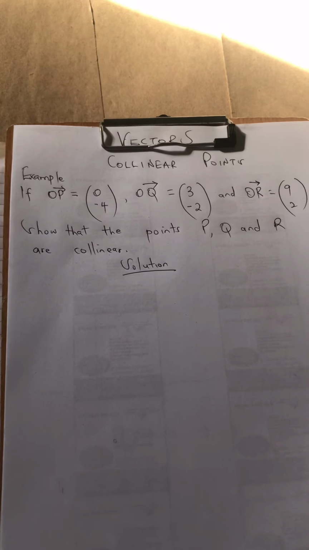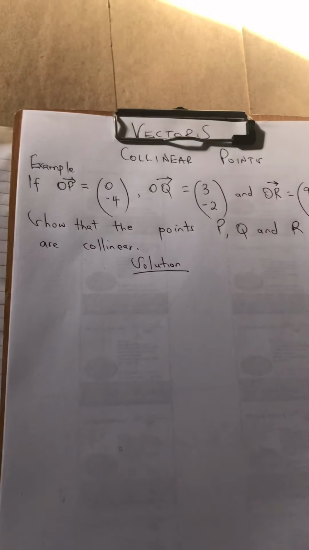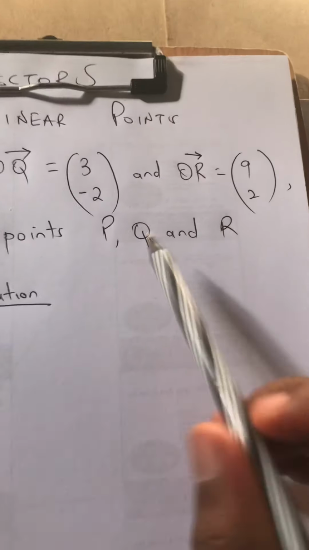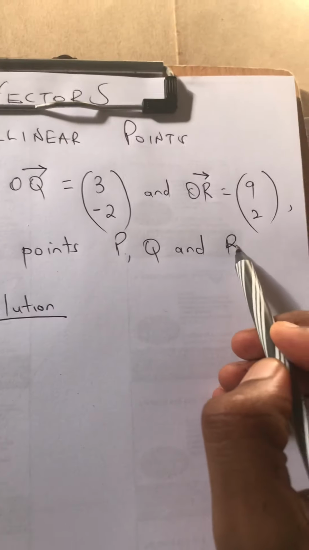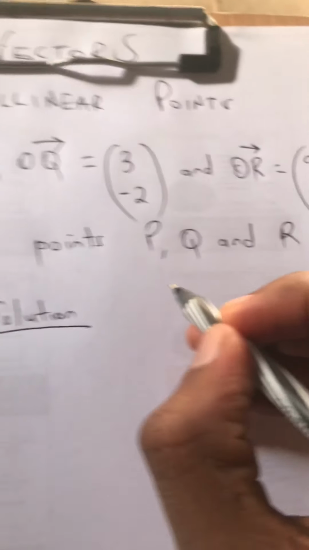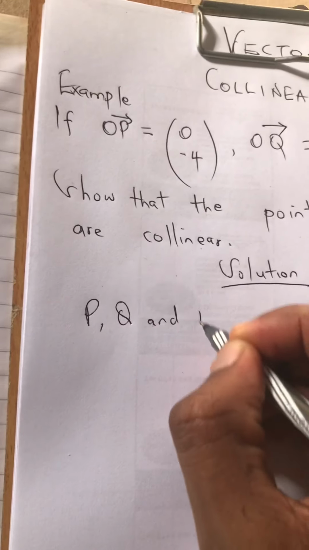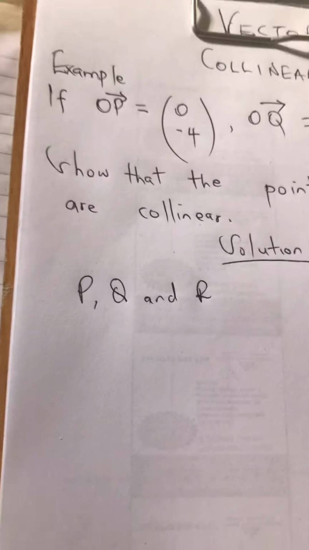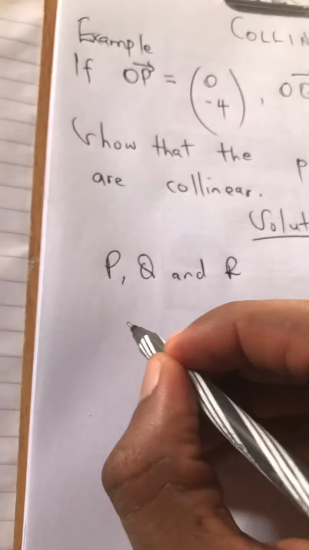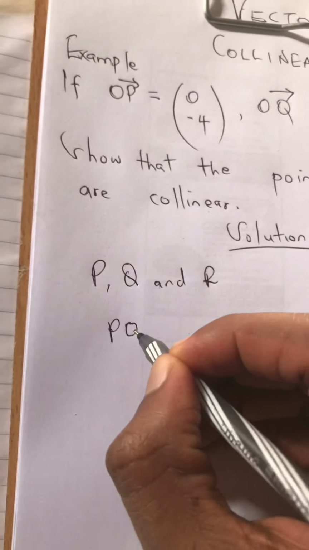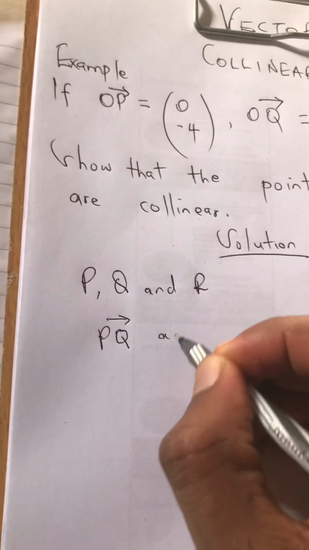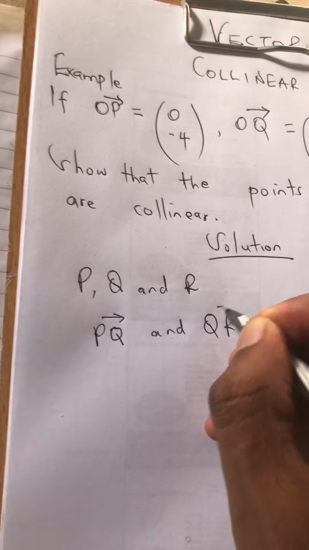Manze ni kuambia collinearity is very simple. Look at the solution. Ukiambia show that the points P, Q, and R are collinear, all you do, just come and write P, Q, and R. Alafu, ukitaka kushow whether they are collinear, you simply look for PQ and look for QR.